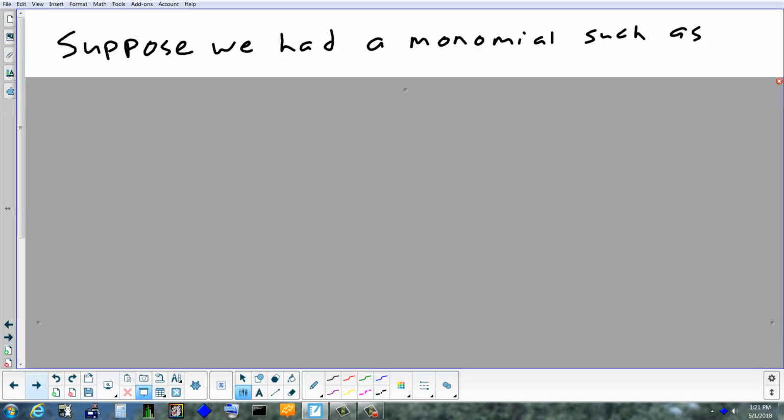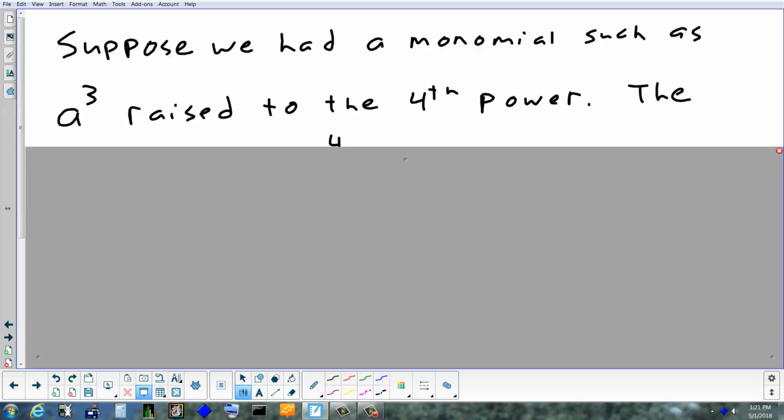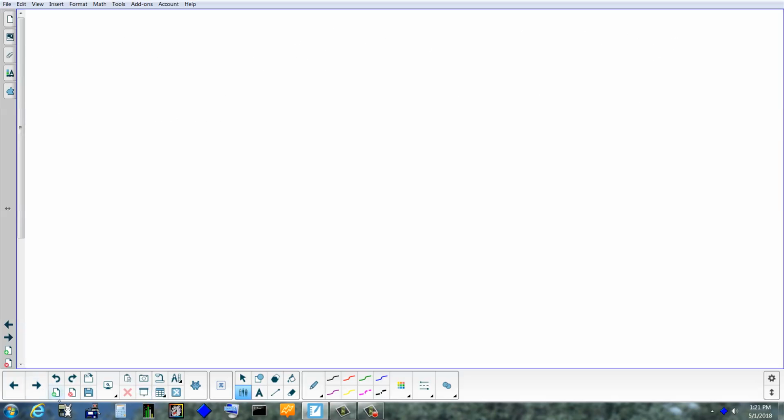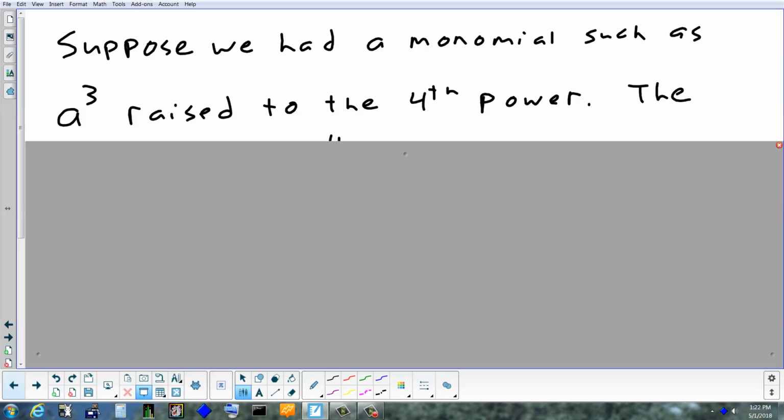Let's say that you had something like a cubed, and you were raising it to the 4th power. Just watch this part. A cubed raised to the 4th power would look like this. So it's a cubed times a cubed times a cubed times a cubed. A to the 12th power.